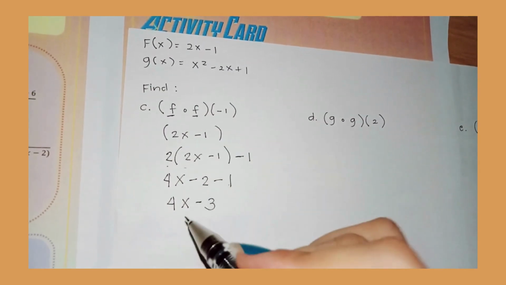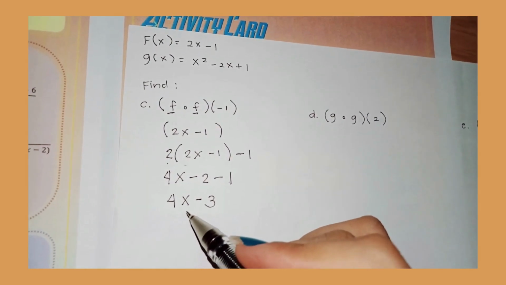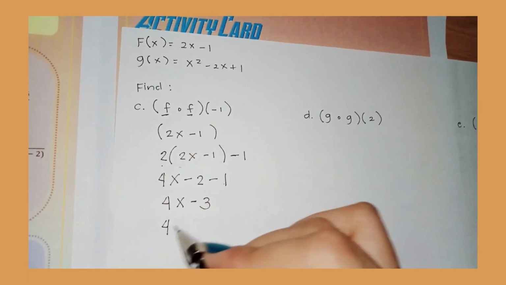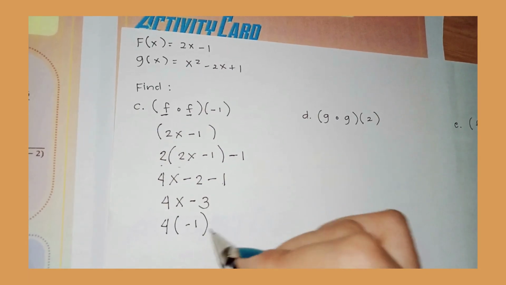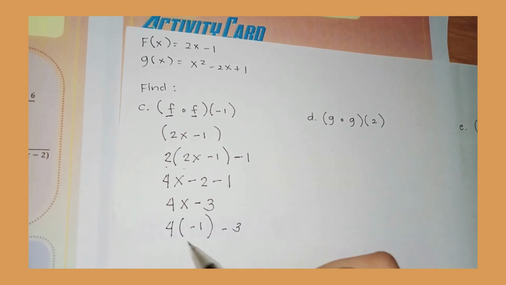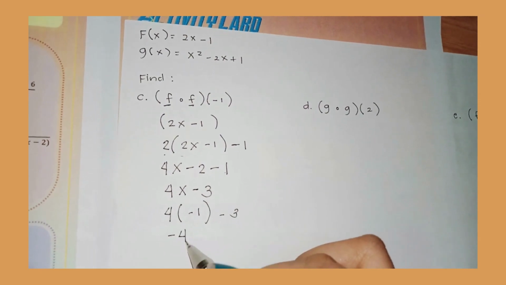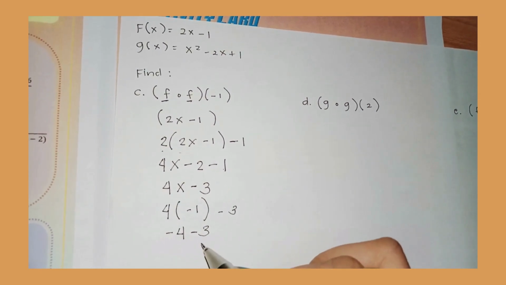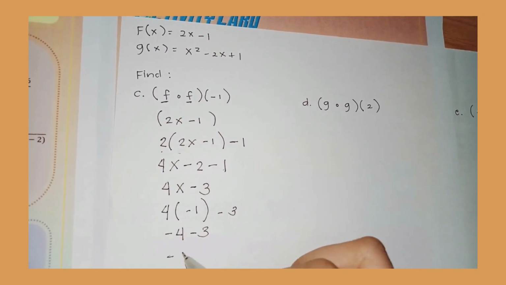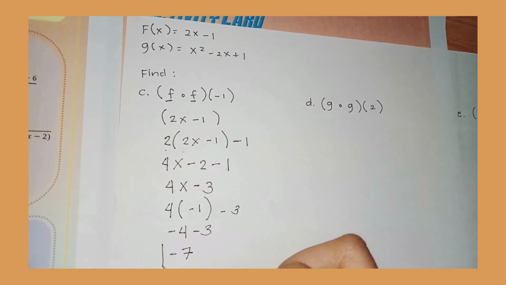Yung x naman, papalitan ulit natin ng negative 1. So, this will be 4 times negative 1, minus 3. 4 multiplied to negative 1 is negative 4. Copy negative 3. Negative 4 minus 3, the answer is negative 7. So, this will be our final answer.